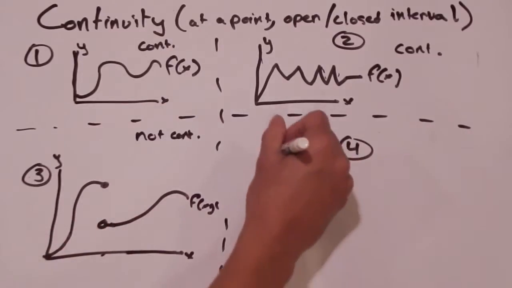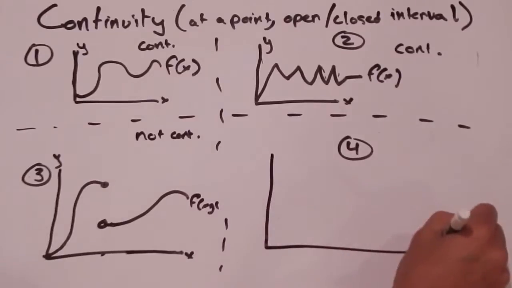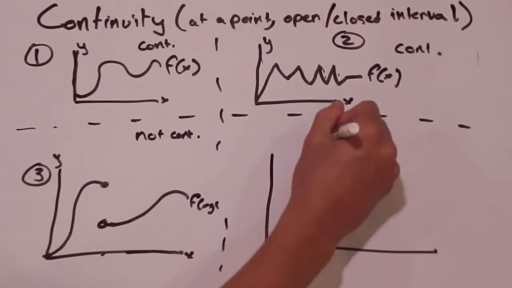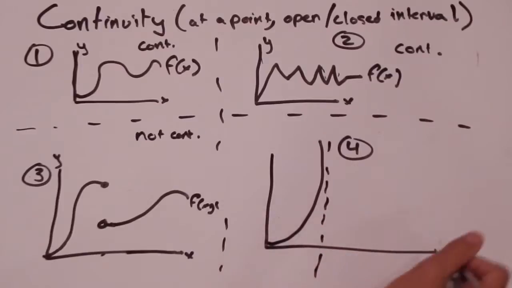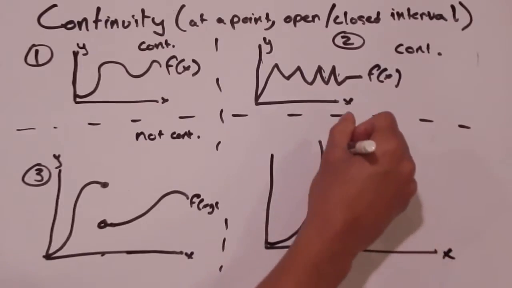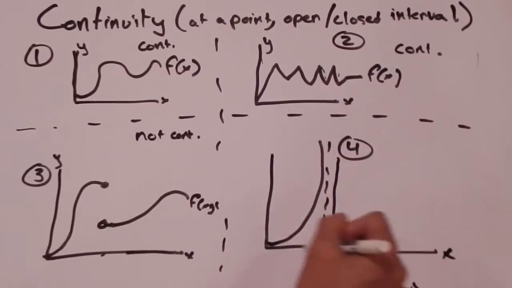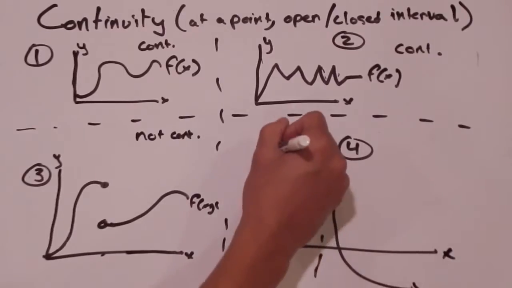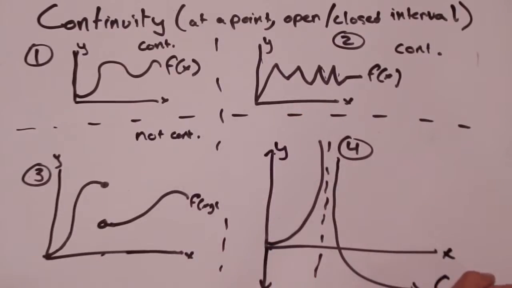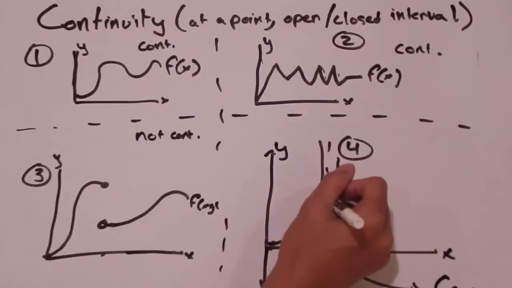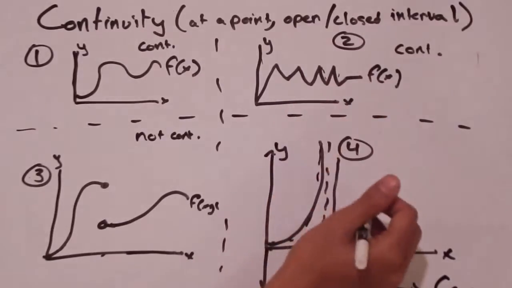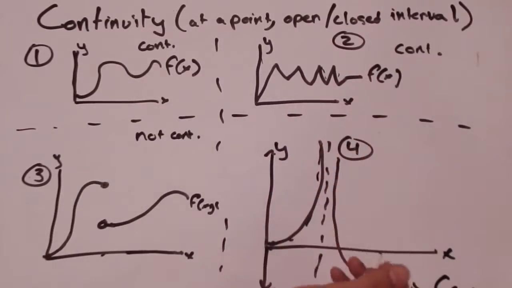So now we're going to take a look at another example. How about something like this, where there's a vertical asymptote? These are my x values. These are going to be my y values. And then this is f of x. Well, again, it seems continuous here. Then suddenly there's an interruption. I have to jump onto the other side of this line.